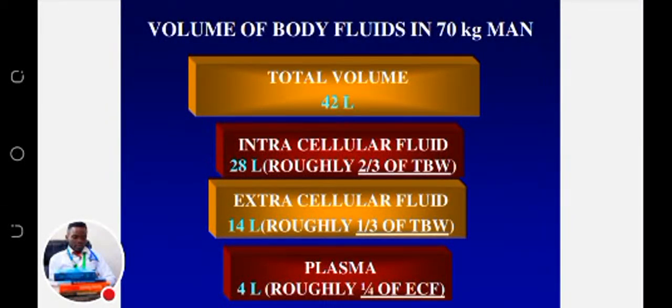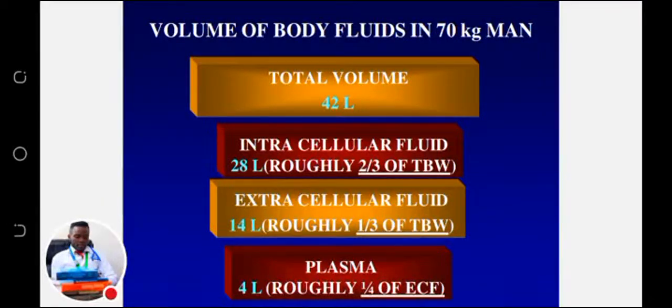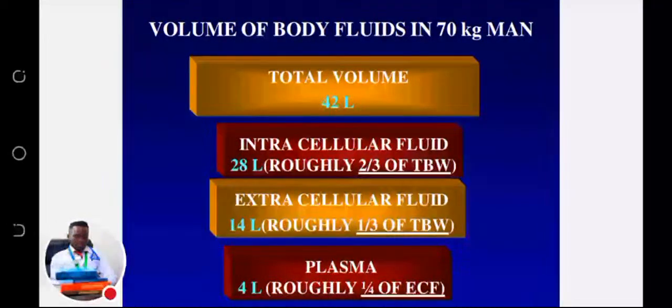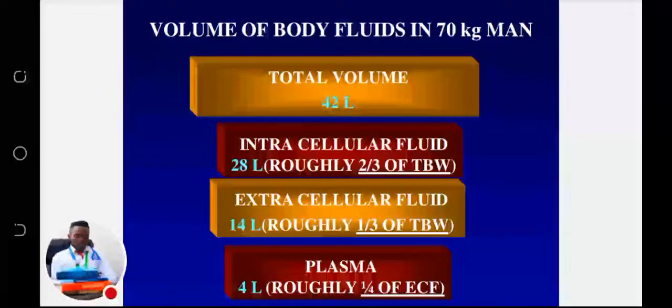Then the extracellular fluid has about 14 liters, which is 1/3. So 1/3 of 42 liters gives you 14 liters, and 2/3 of 42 liters will give you 28 liters.